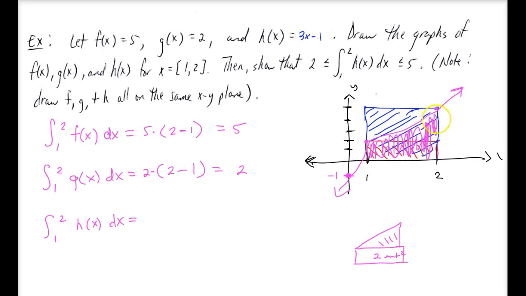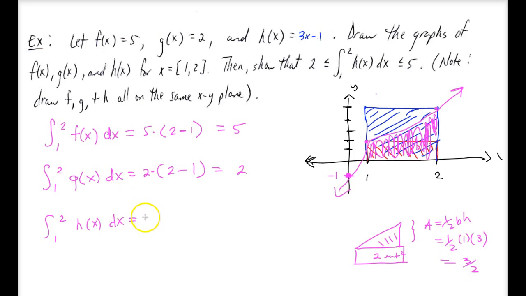The area of this triangle will be 1/2 the base times the height. The base length is just going to be 1, and the height is going to be the difference between 2 and 5, which is 3. So that would be 3/2.